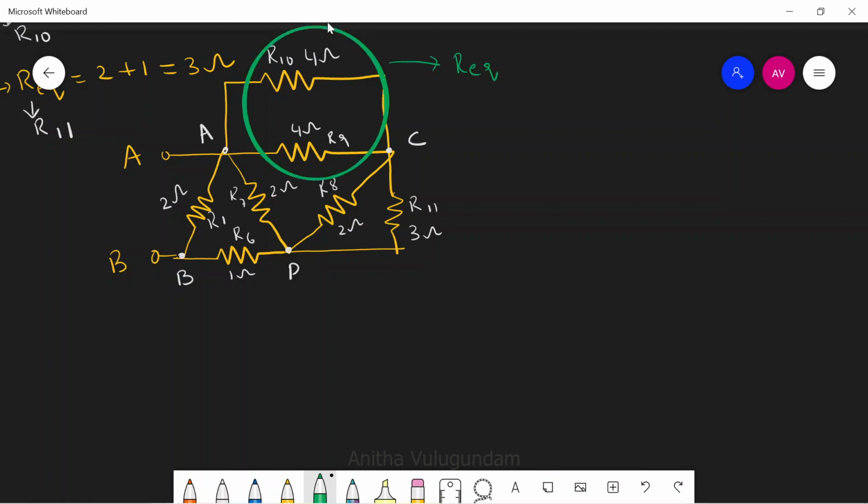So R equivalent equal to R9 parallel to R10, that equals 4 parallel to 4. 4 into 4 by 4 plus 4, 16 by 8, that equals 2 ohm. I want to name this as R12.